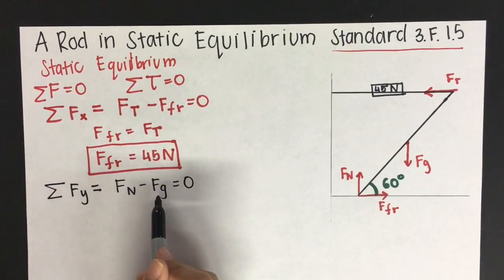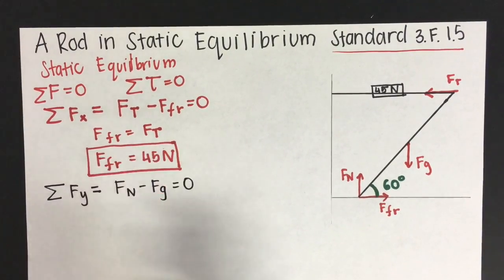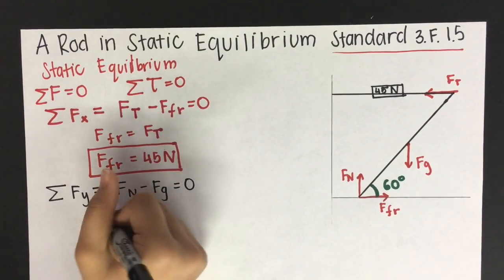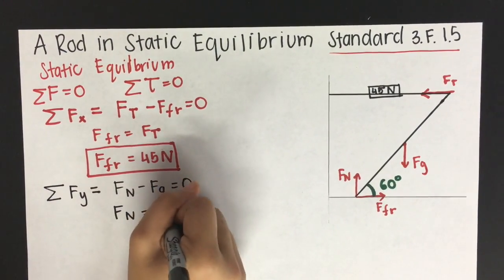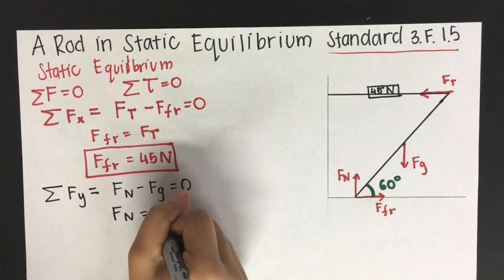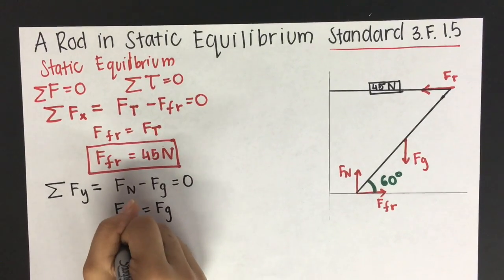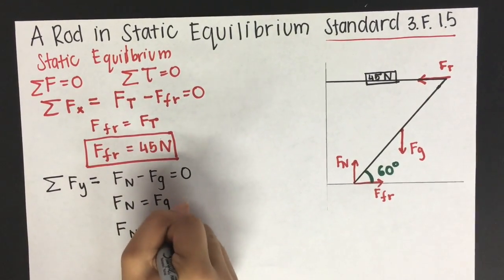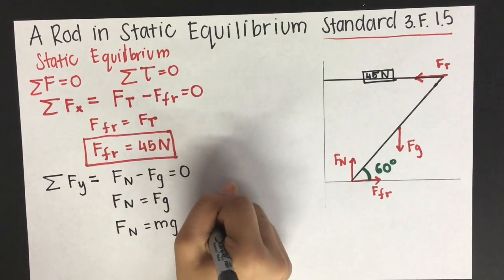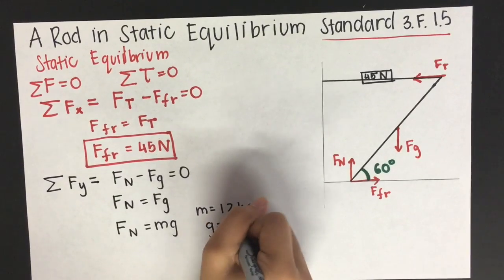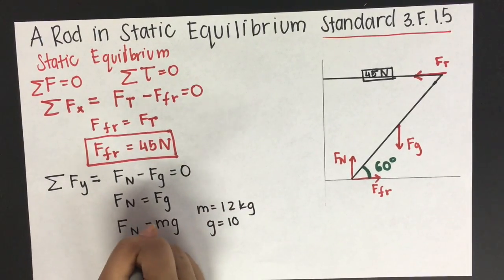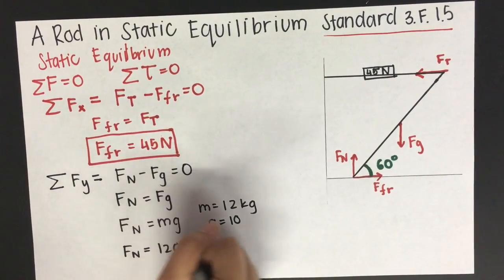And since these are opposite forces, there should be a minus sign in the middle. So now we can solve for the normal force by saying Fn equals Fg. And we know that the equation for Fg is just m times g. M is given to be 12 kg, and we can take g to be 10. So Fn equals 120 newtons.